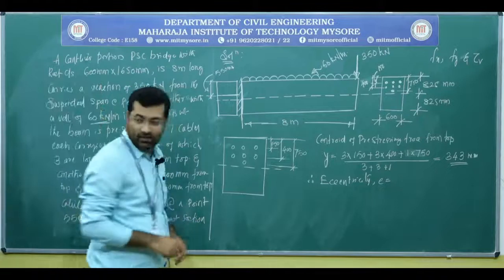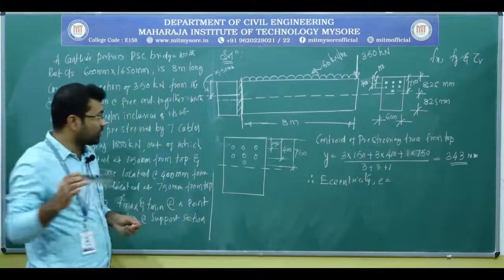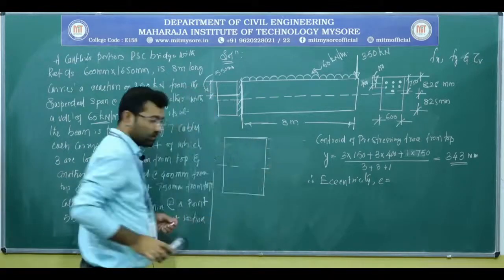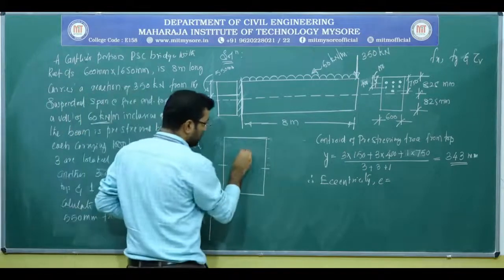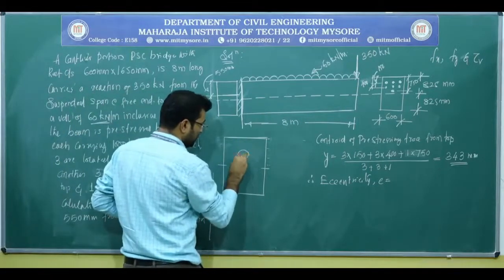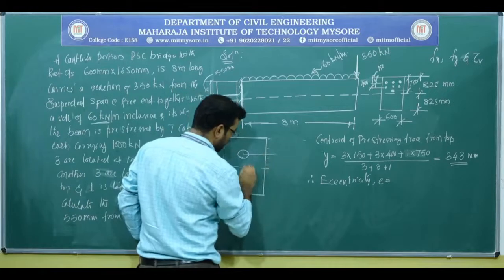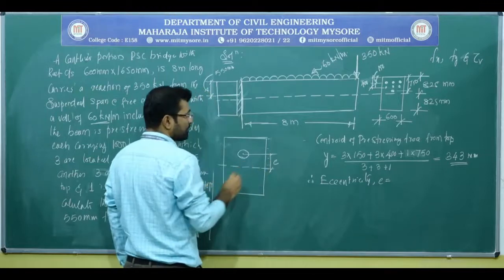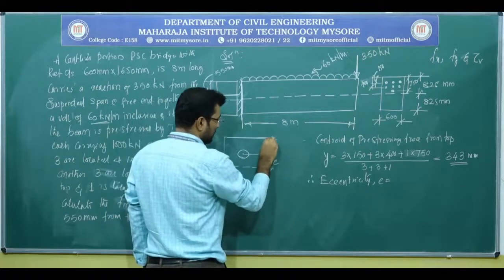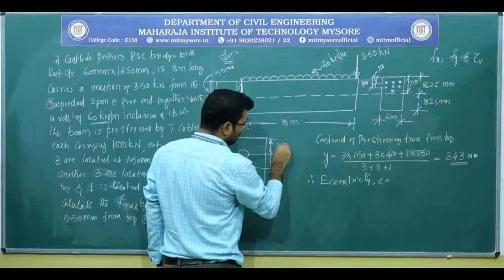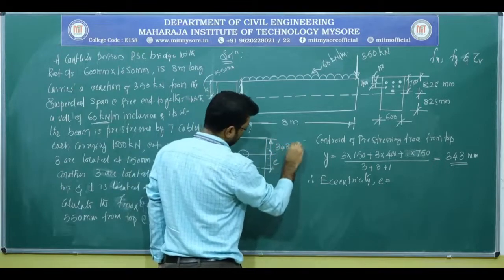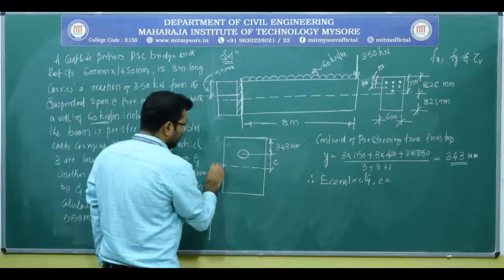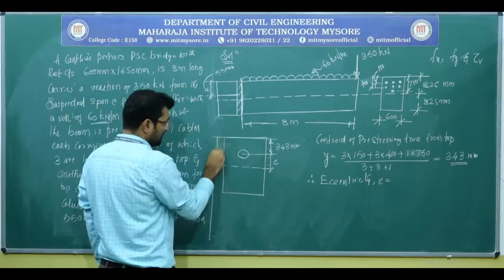Instead of showing these 7 dots, let me show only one point where I can say that the entire pre-stressing force is concentrated. So let us say that is E. As per our calculation, we know that from the top it is about 343 millimeter. So I need this distance, which is the eccentricity.